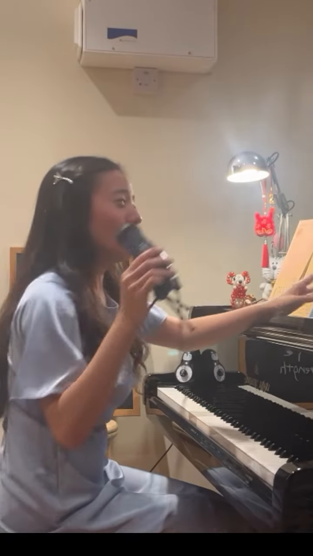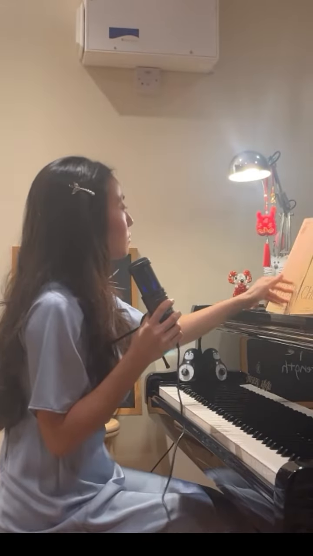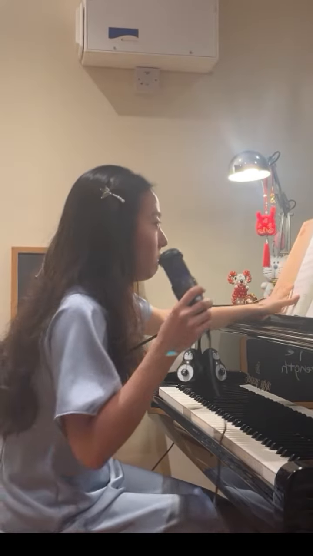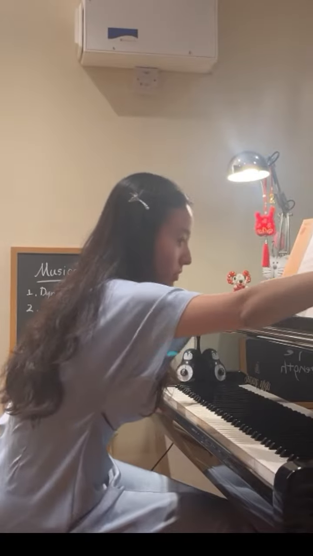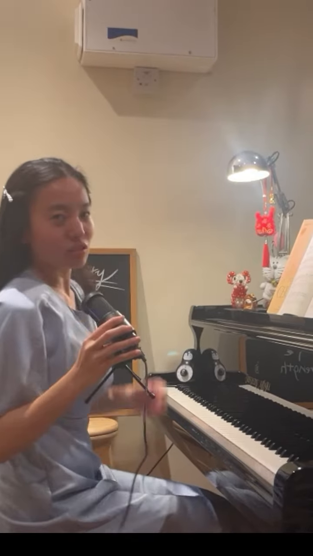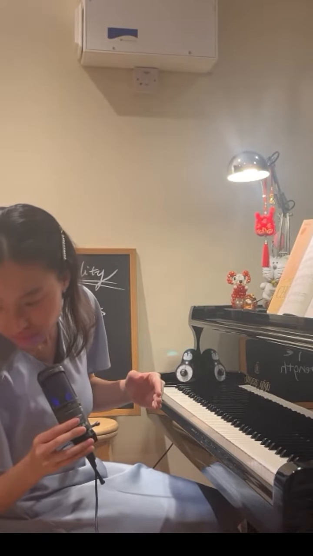Schumann uses this a lot in all his different music, and at least in the Liederkreis we have it a lot as well. We call it voicing. So we need to decide which line, which person, is the most important person in this musical texture.